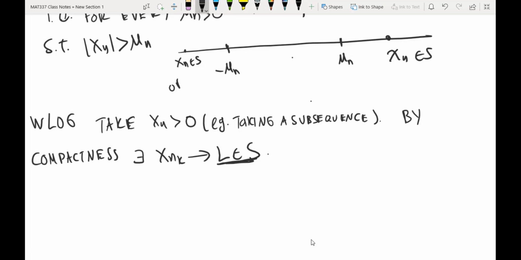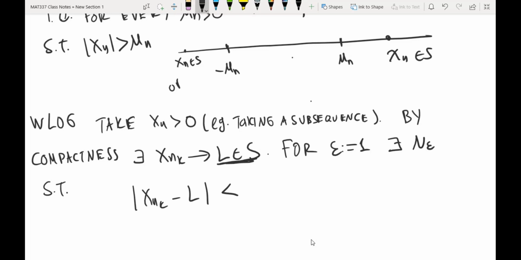Let's take epsilon equal to 1, then there exists an index such that |x_{n_k} minus L| is less than epsilon. Okay.